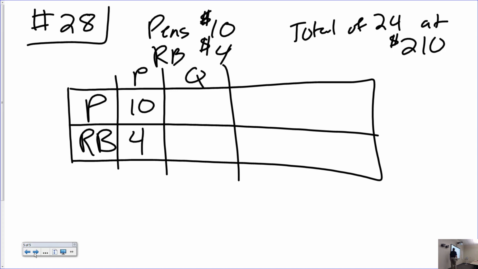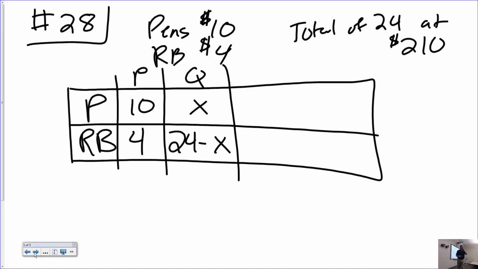Rubber bands are $4. Which one does it say to be X? It said make pens X. That's right. So if pens are X, what is rubber bands? Bingo. 24 minus X, because they gave you the total number of cartons, not a relationship between the two.